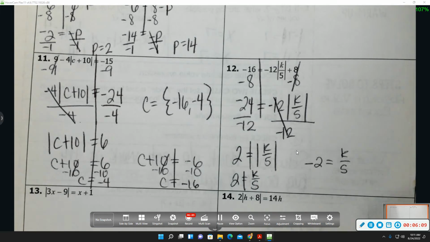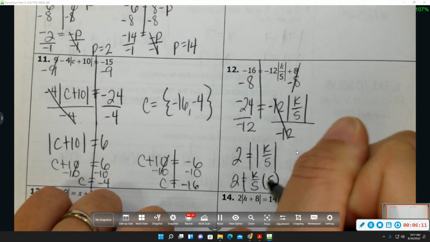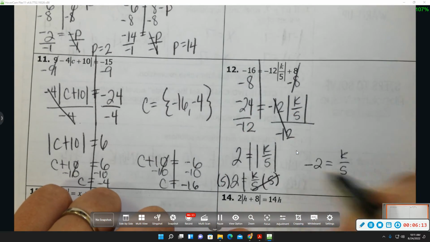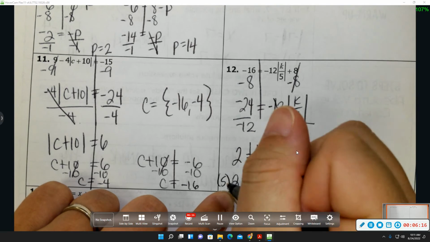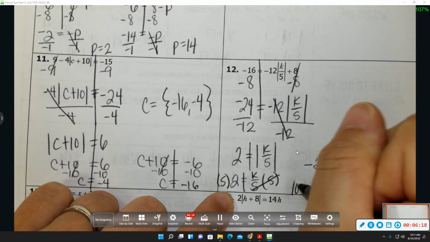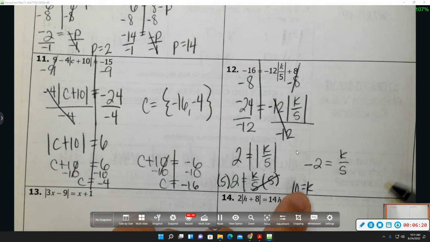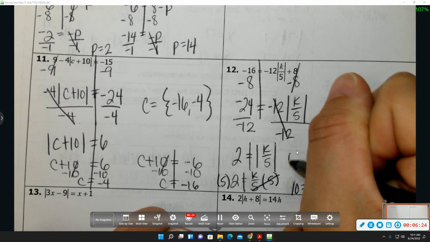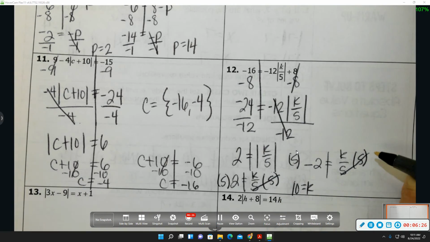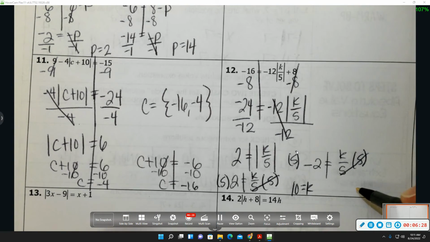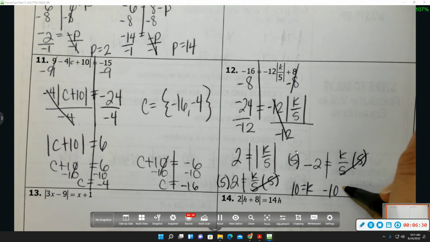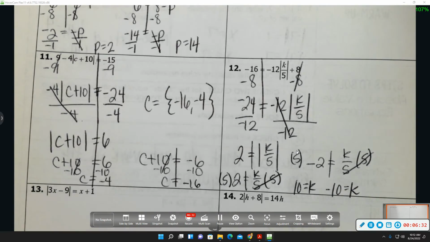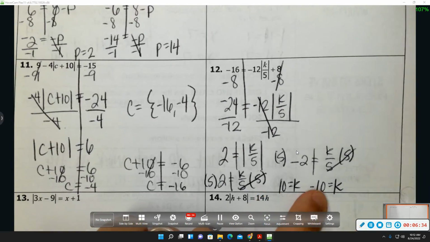So to undo division, you will multiply both sides by 5. 5 times 2 is 10. So 10 is equal to k for that one. Same thing over here. Multiply both sides by 5. And I'm going to get a negative 10 equals k. So my two answers are 10 and negative 10.